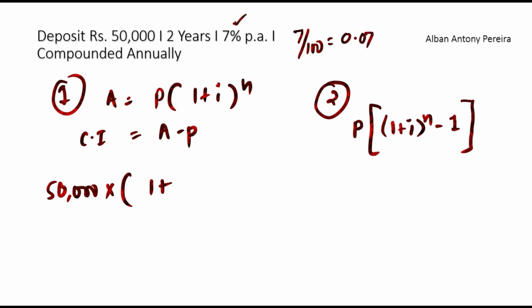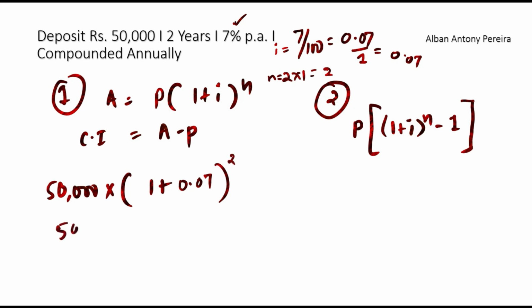So write it here: 0.07 divided by 1 is equal to 0.07. So 1 plus 0.07, and n into 1. n is 2 years, so 2 into 1 comes as 2 only. This is the converted i and this is the converted n. So n will be 2, right?